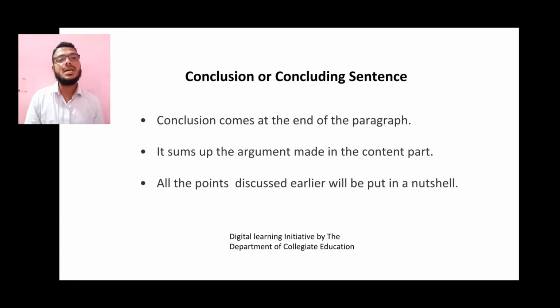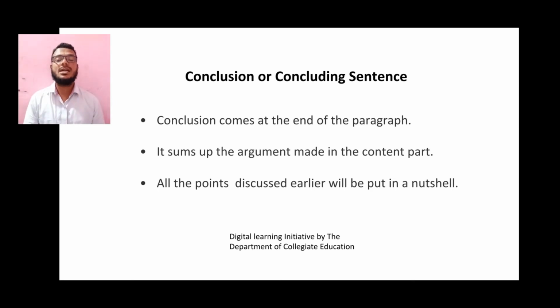And how should the conclusion be? The conclusion should come at the end of the paragraph. The concluding statement or concluding sentences should come at the end; we cannot state that in the beginning itself.